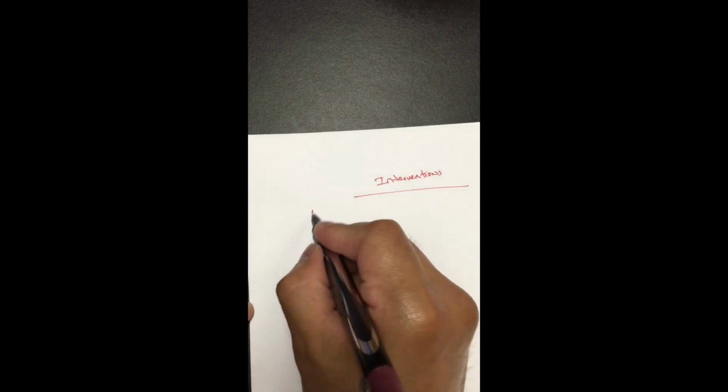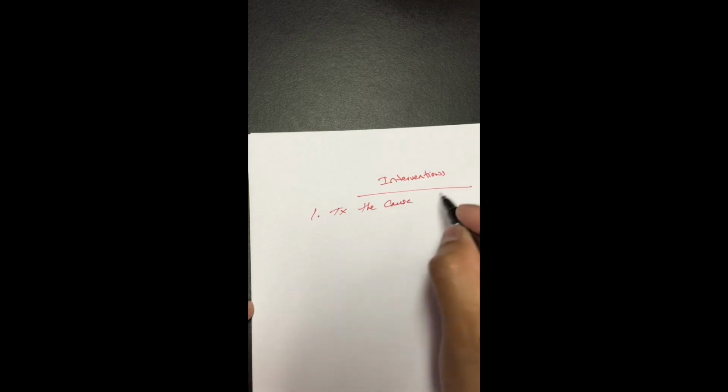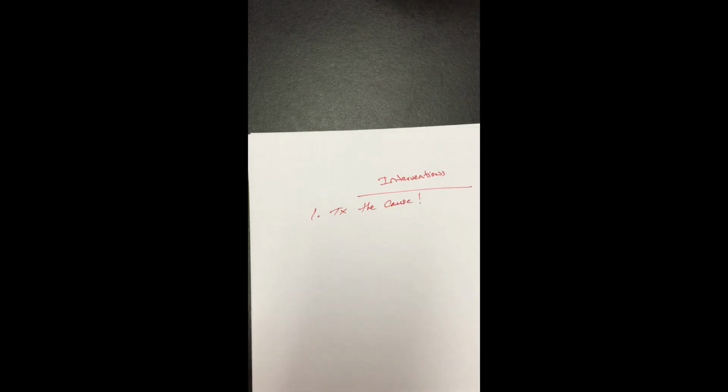Now, what are some interventions for these patients? Number 1, first, hopefully, you treat the cause. So again, the intervention will depend on the cause. If there's a hemorrhage, then you'd want to stop the hemorrhage.